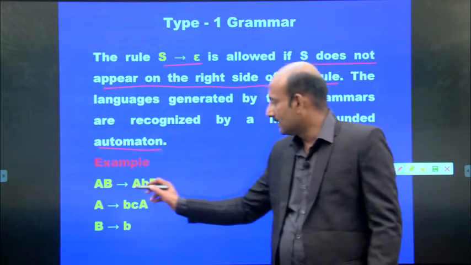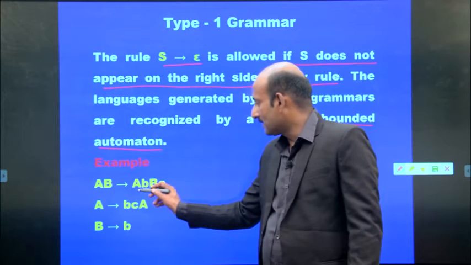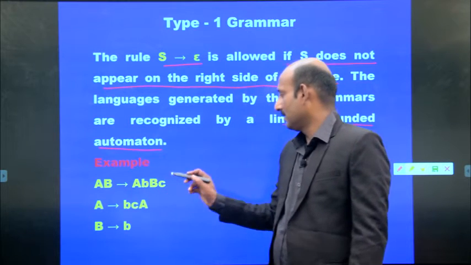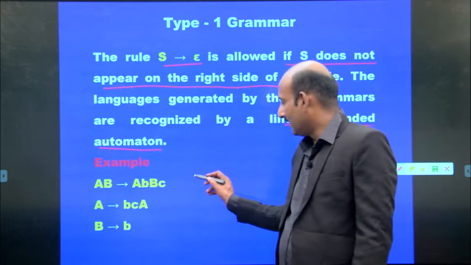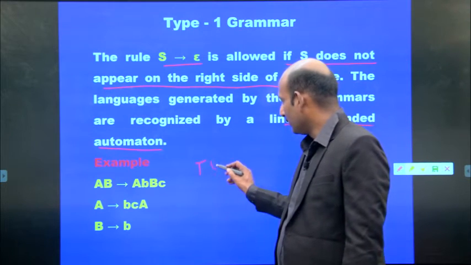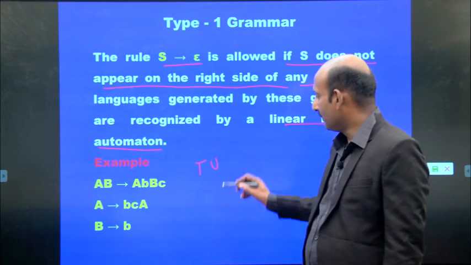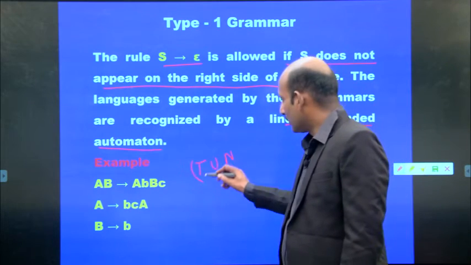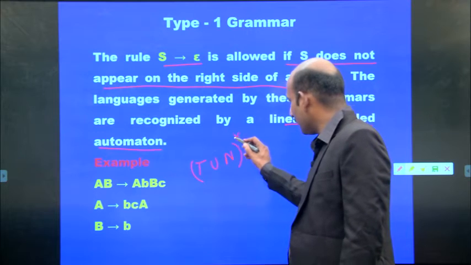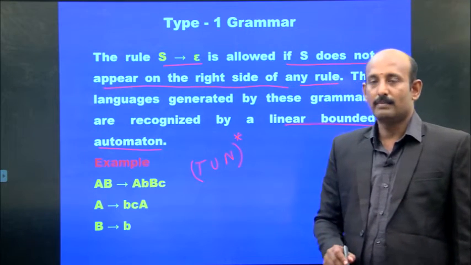The example says AB implies A, B, B, C, a combination of terminals T union non-terminals N, with zero or more occurrences.